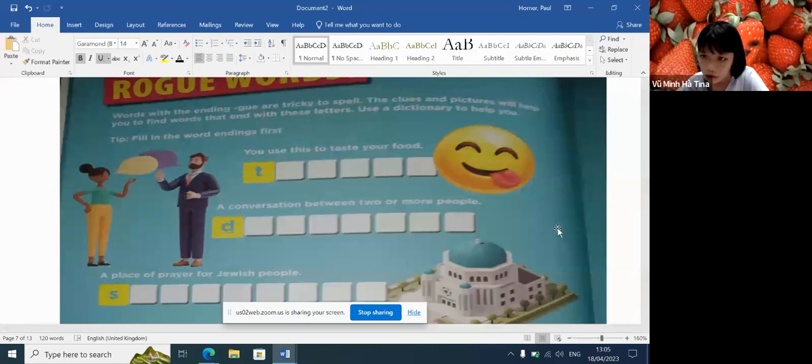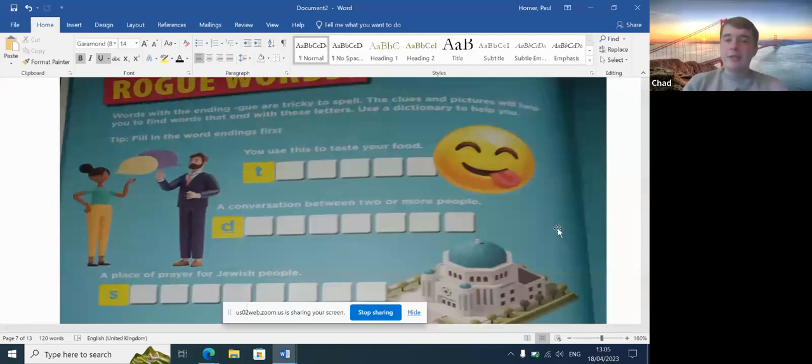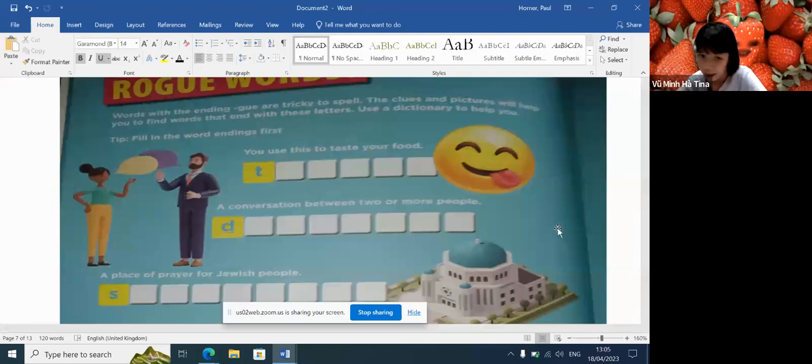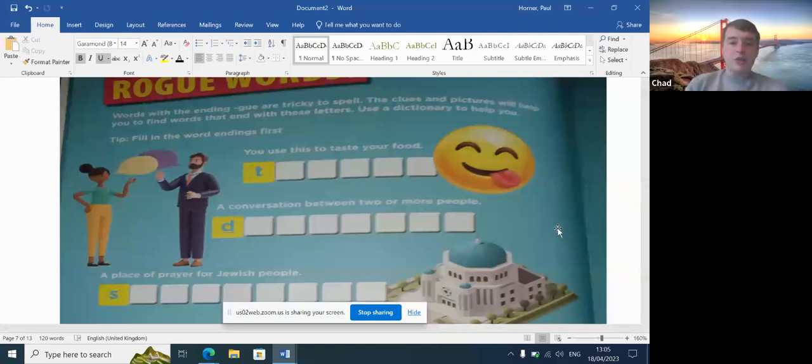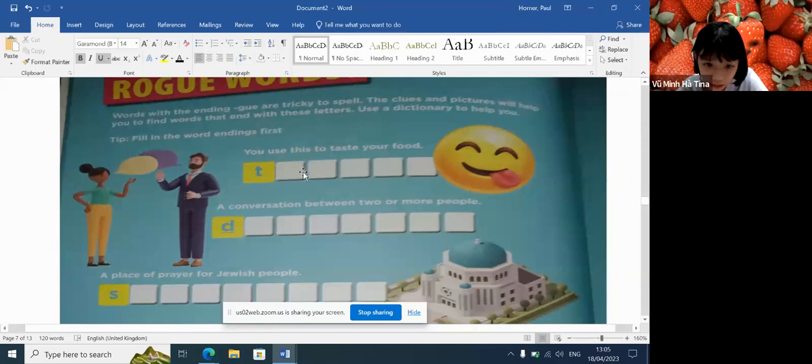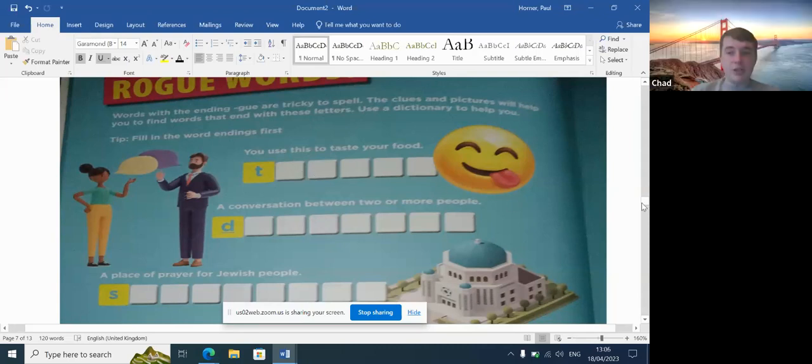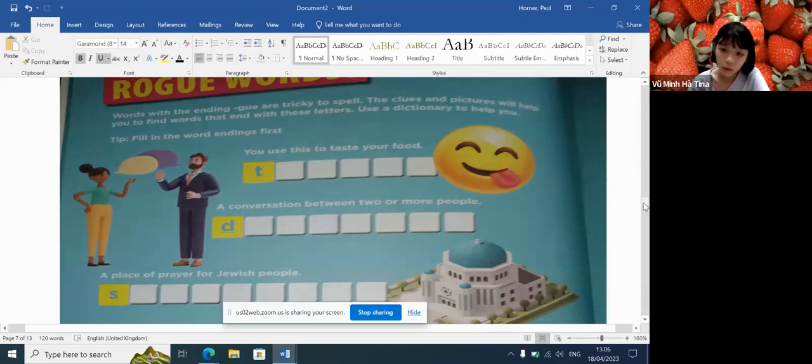T-O. Okay, hold on a minute. G-U-E. If it ends in G-U-E, so T-O-N-G-U-E. Yeah, tongue. We're out of time.